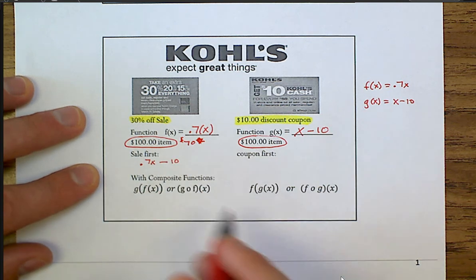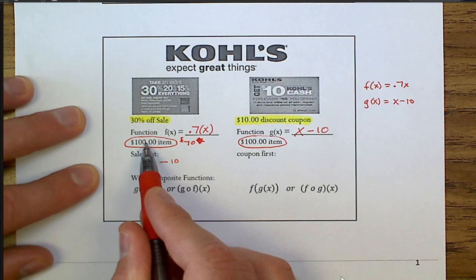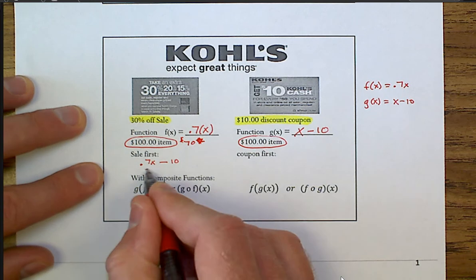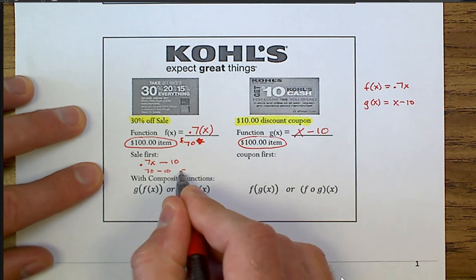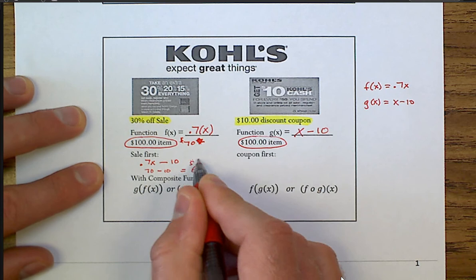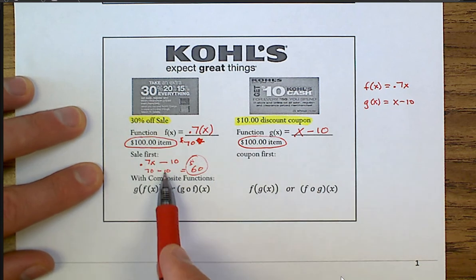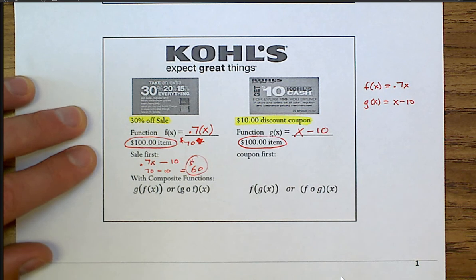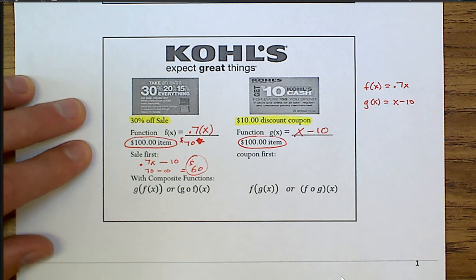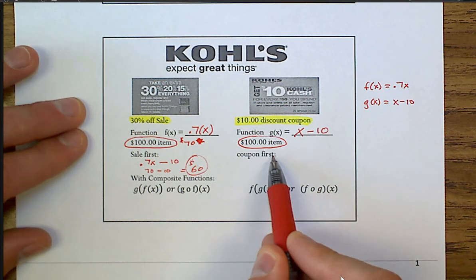So if our item is $100, 0.7 times 100 gives us 70. 70 minus 10 would be 60. So if we applied the 30% off and then applied the $10 off second, I'd be paying $60 for that item.